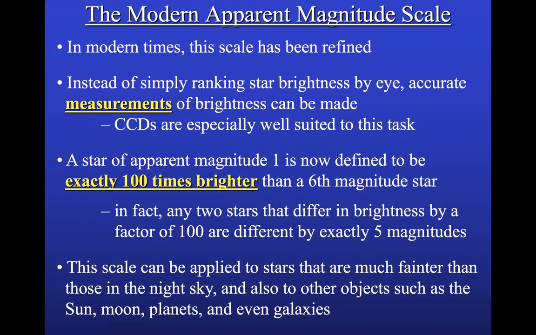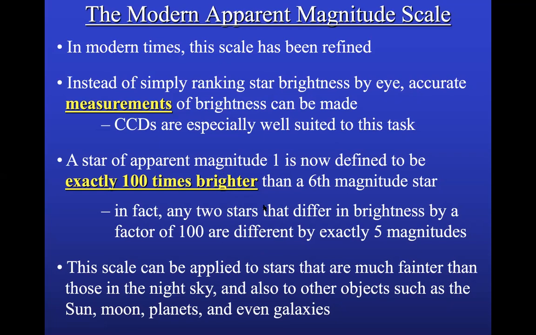Right? Still the numbers are the same, but this is the definition. If you have a star with apparent magnitude 1 and a star with apparent magnitude 6, the star with apparent magnitude 1 will be 100 times brighter than the star with apparent magnitude 6, right? You can see that the difference in magnitude is 5, and the brightness has increased 100 times for that difference. So that's what you need to note down here.